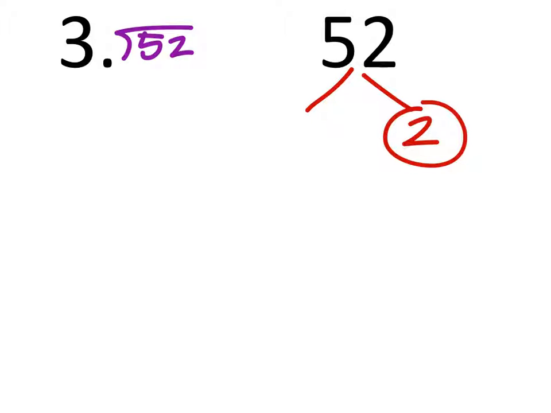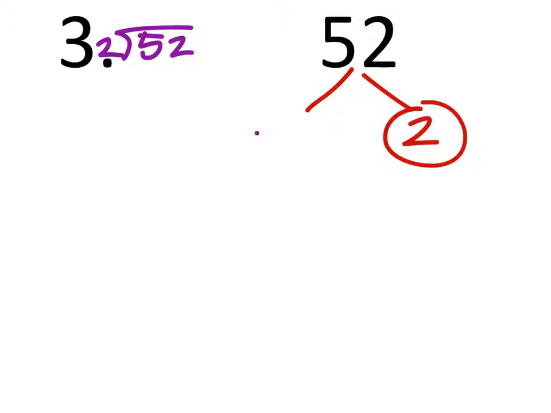So 52. Now 52 is not as common a number as 30, but one thing we know is that it's even, okay? If it's even, we know that we can at least split this up with 2 in some number. And 2 is always prime, so that's nice. So we would take 52, and again, this is something I could do on a calculator, and divide it by 2.